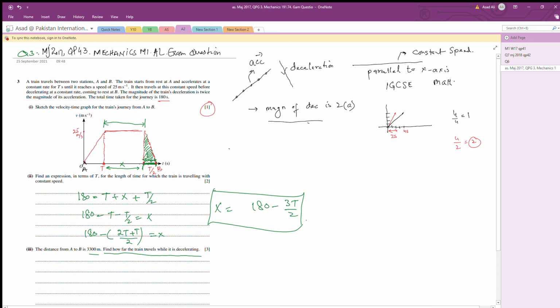Okay, now how to do it? Look at this thing. First we will find the time, then it's easy for us to get the distance. This is the green area, the distance traveled during the deceleration.